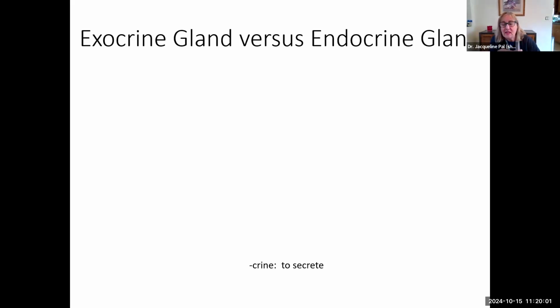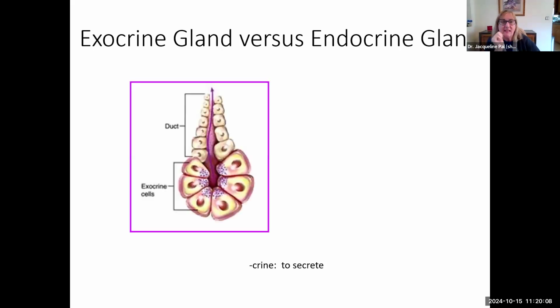The first type of gland, the gland we talk about most of the time, like a sweat gland or when you're making oily skin for acne, those are exocrine glands, where the cells are making secretions and the secretions go to the surface of the cell, which usually goes into a duct, which goes onto the surface, maybe the surface of your skin or the surface of your hair, or it's going to the internal surface of your stomach or the internal surface of your intestine or some other part internally in your body. So those are exocrine glands.